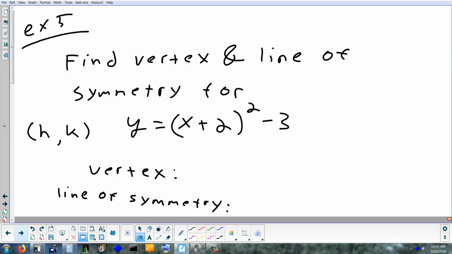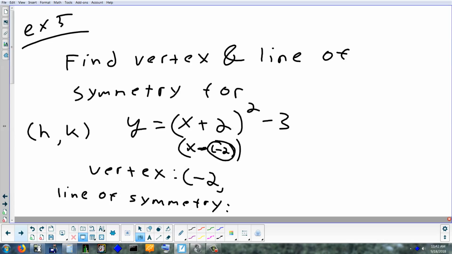Now, I don't have a minus sign in parentheses. I've got the plus, so I want to be careful here. How could I think of that as a minus instead of a plus? Minus -2. Now, h is the number after the minus sign. There's your minus sign. There's the number that comes after it.